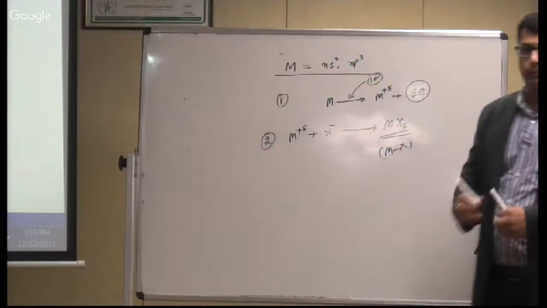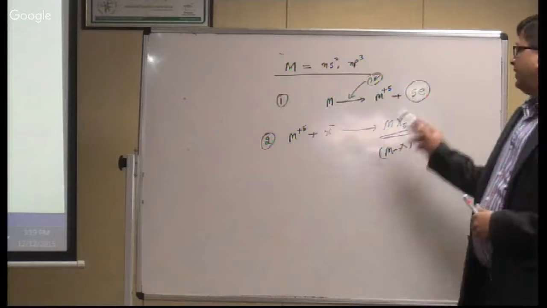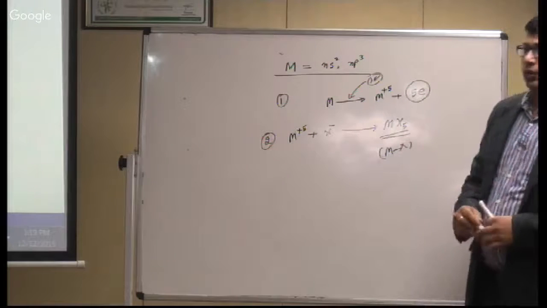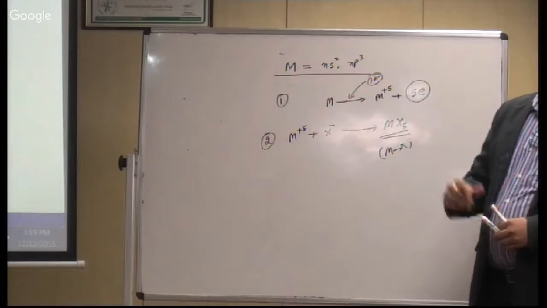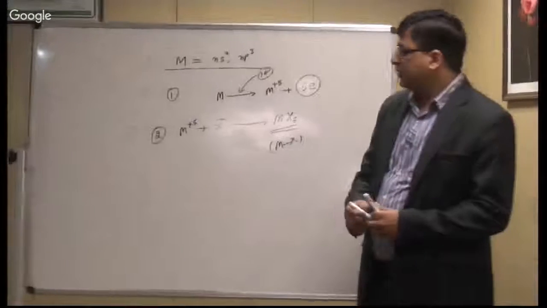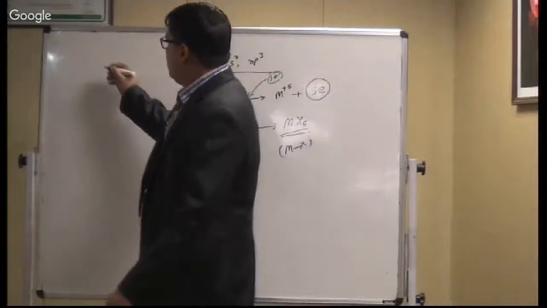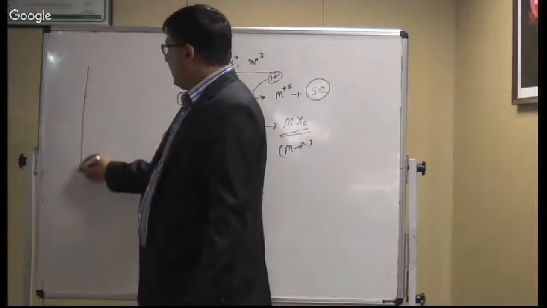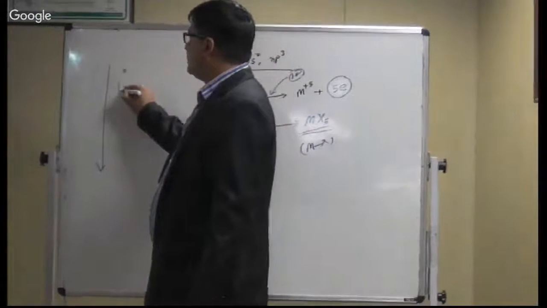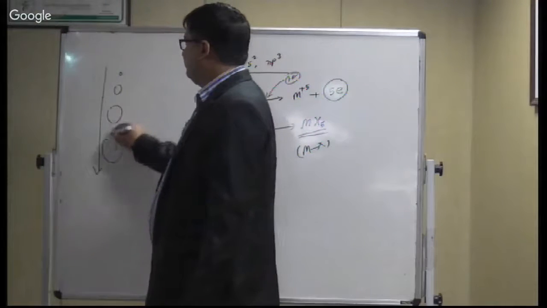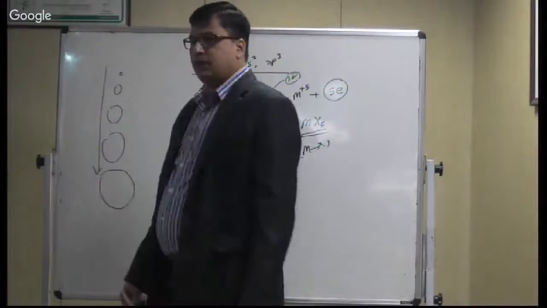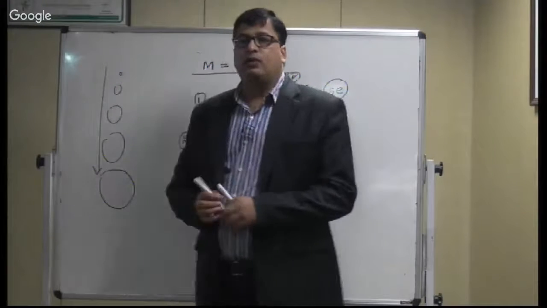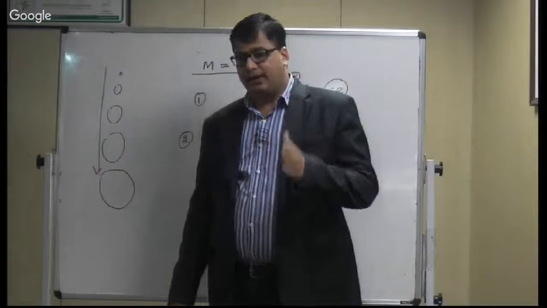So in step 1, we add energy to remove the electrons, and in step 2, energy is released while forming the bond. See, if we move down the group in nitrogen family, the size of atom increases, right? The size of atom increases. That means the tendency to form bond with other element decreases.